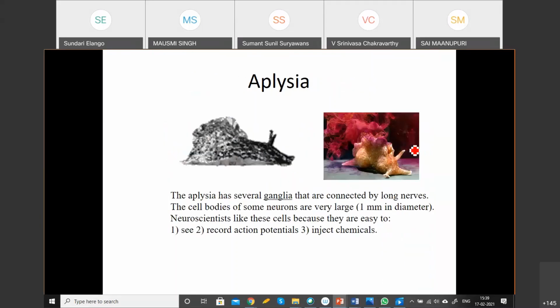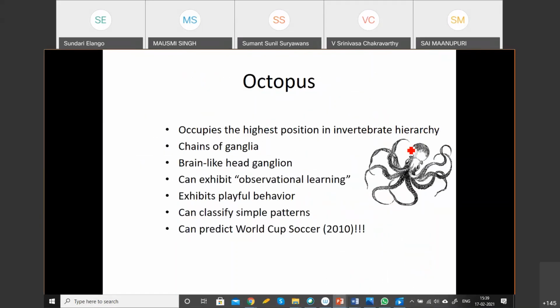But if you go to the level of the octopus, and the octopus is considered to be at the very top of the invertebrate hierarchy, it also has lots of chains of ganglia, but at the very top, the two head ganglia kind of fuse, and this has approximately the appearance of a brain with two hemispheres, right?